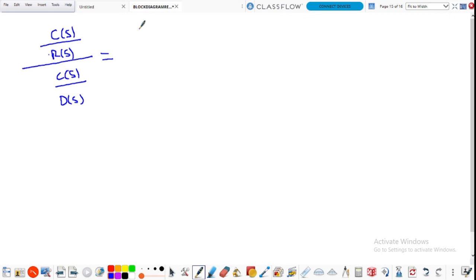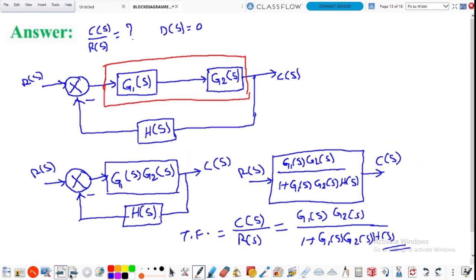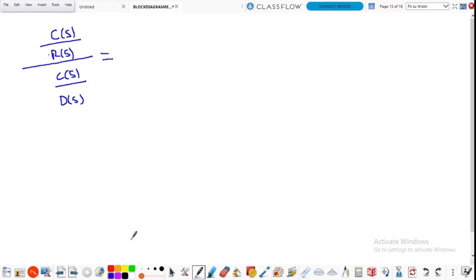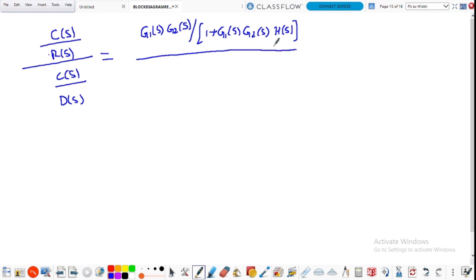So what is C of S by R of S? C of S by R of S value is G1 of S, G2 of S by 1 plus G1 of S, G2 of S into H of S, divided by, so what is the value of C of S by D of S?